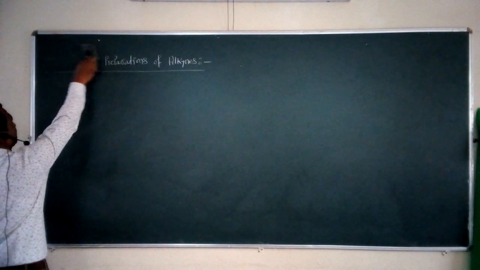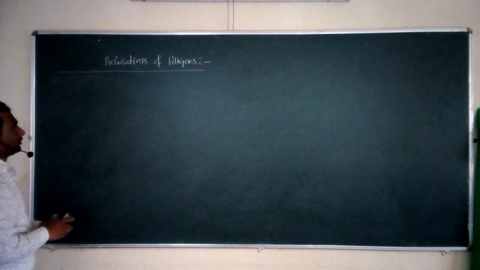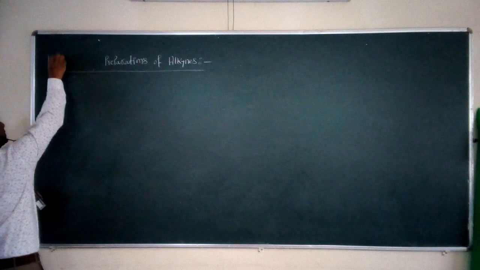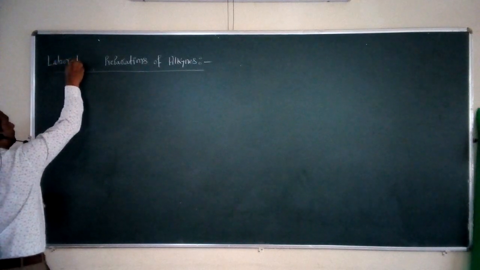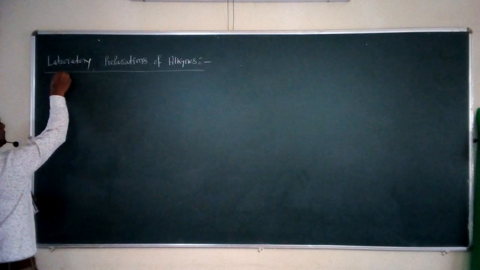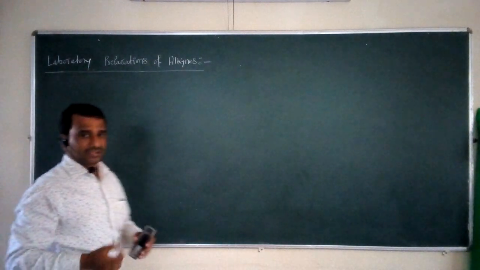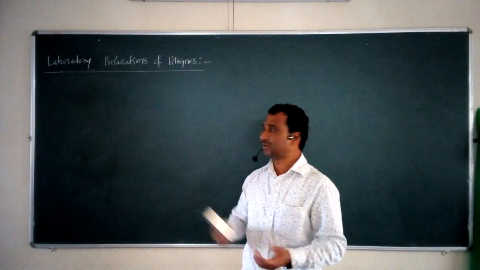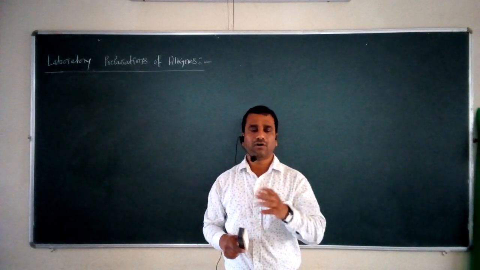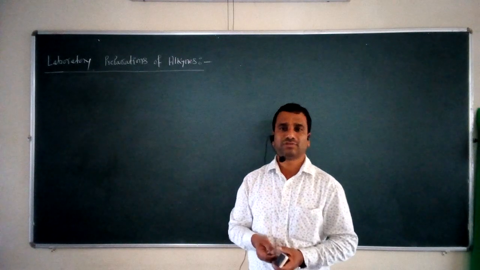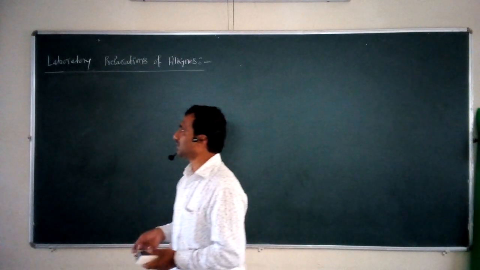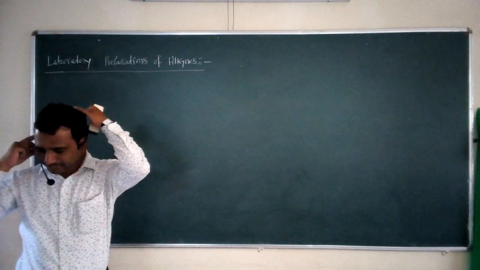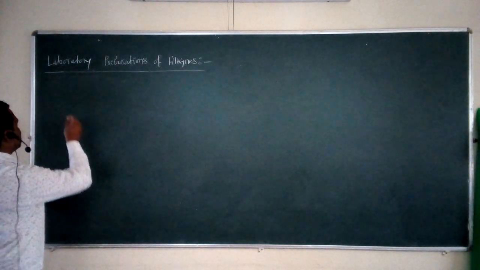So the second type of methods for preparation that we are going to take is the laboratory methods of preparation, the laboratory preparation of alkynes. What different laboratory methods can be used for the formation of alkynes? Among all these methods, we are going to take some important ones now. The first important method for the formation of alkynes in a laboratory is called dehydrohalogenation.